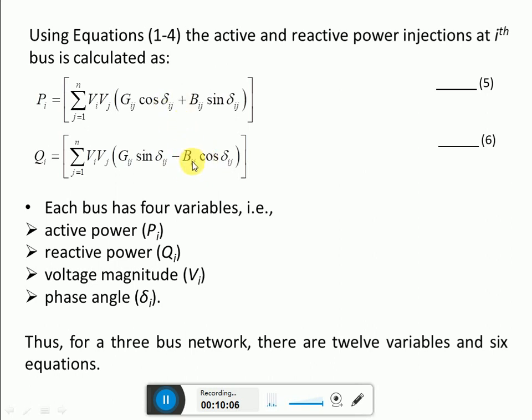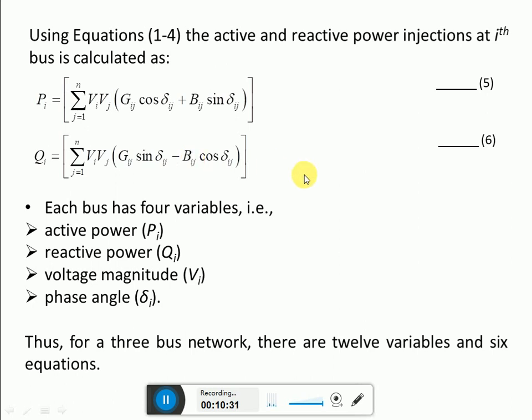It's not possible to determine 12 unknown variables from 6 equations. So we have to reduce the number of variables by assuming values for some of the variables, which are called known variables.